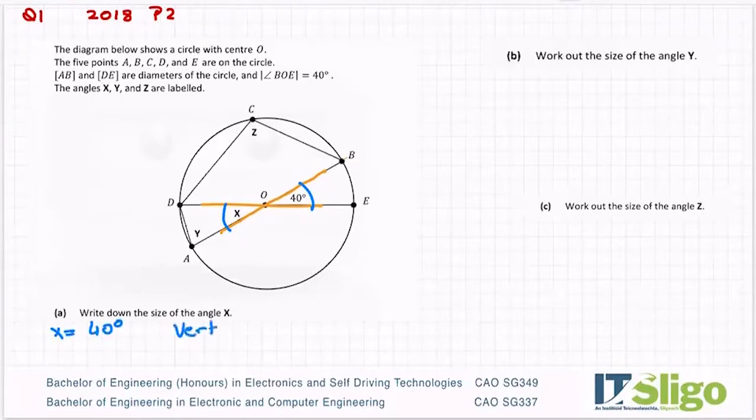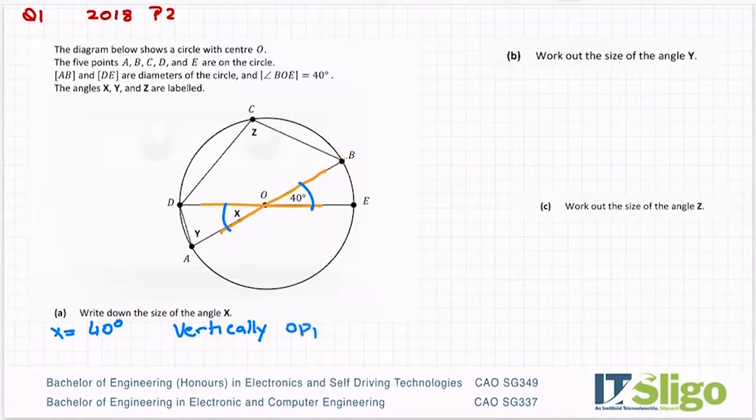Why? Always remember, you need to write down the theorem, the property that tells you why you're writing down this. It's not about the maths in this chapter, it's about understanding the proofs and the statements that are surrounding geometry.